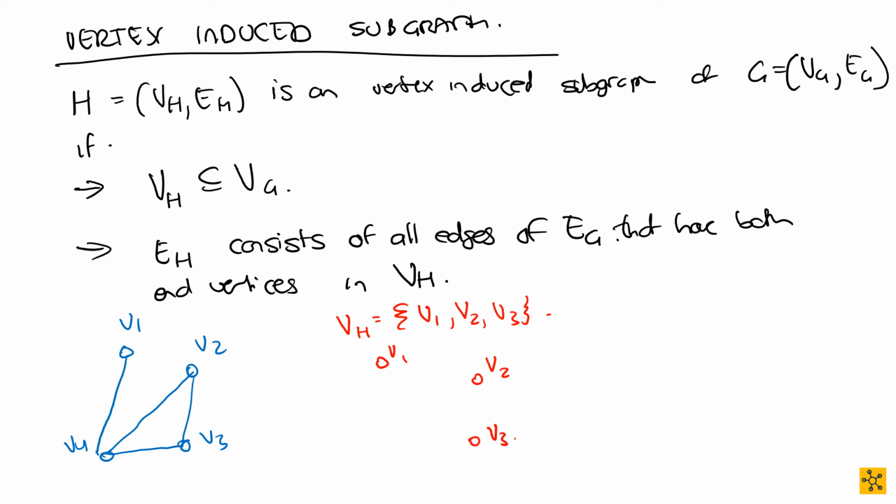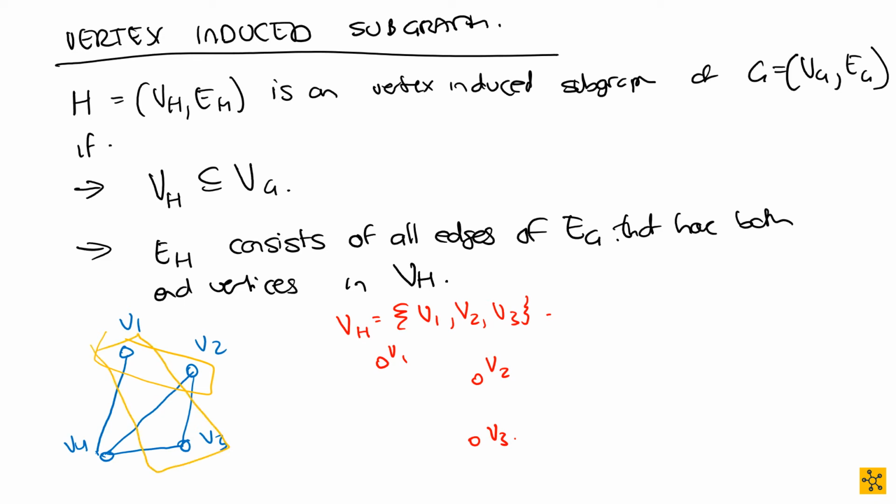In other words, we're going to go look at between V1 and V2. Are there any edges? There are no edges between V1 and V2. So we don't include any edges between V1 and V2 in our red graph. Then we go ahead and look at, are there any edges between V1 and V3?